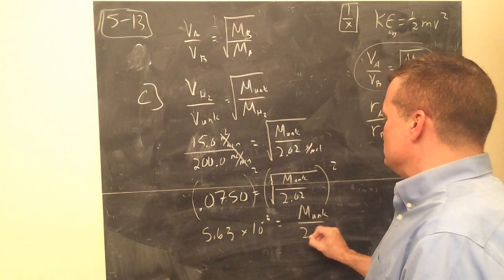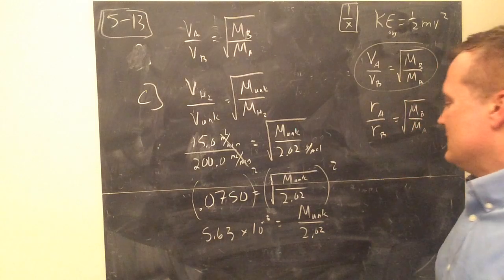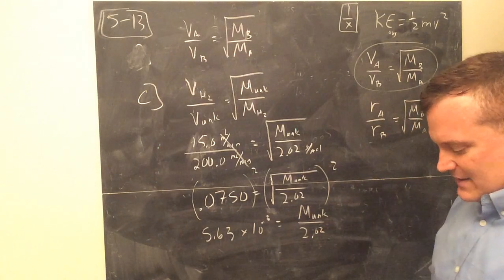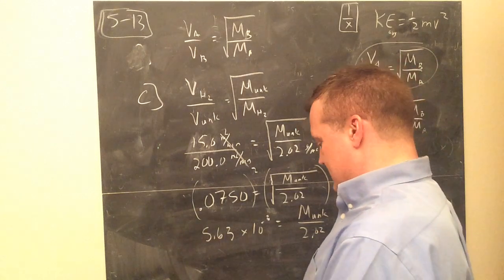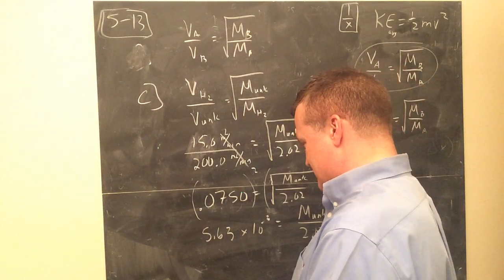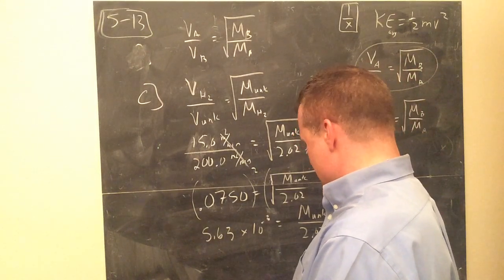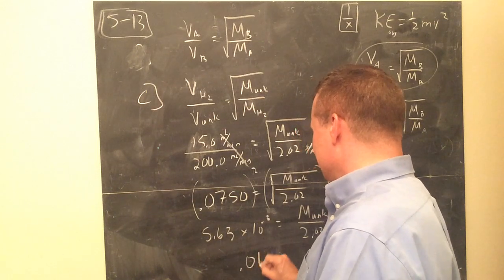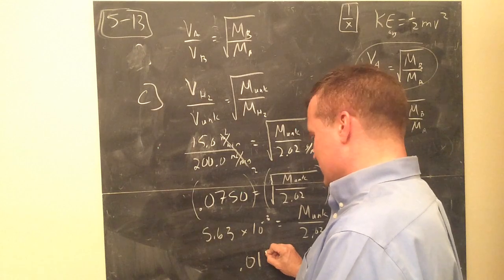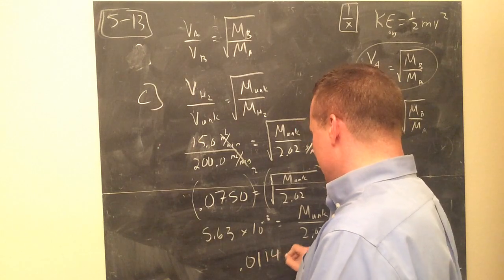divided by 2.02. Now, I'll just cross multiply times 2.02, and oh my goodness, are you kidding me? This is horrifying. I made up a horrible example, I guess.